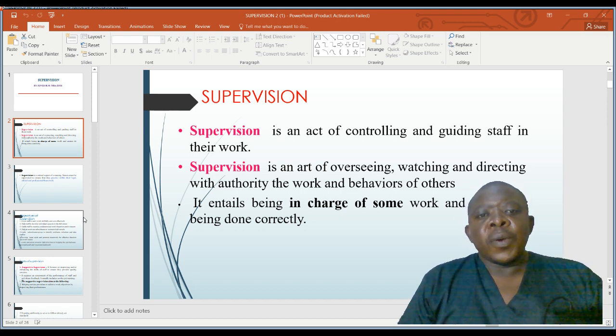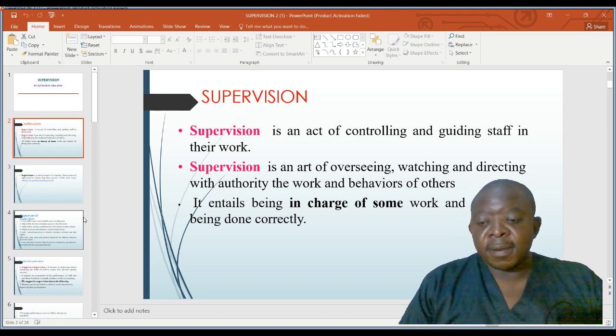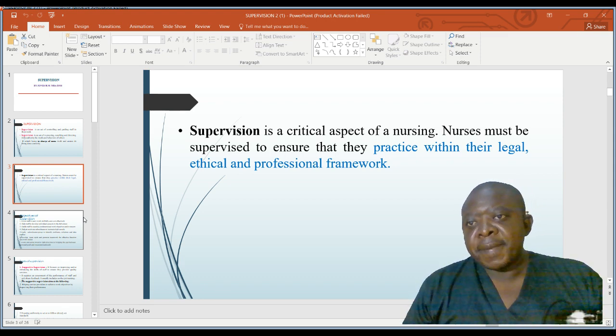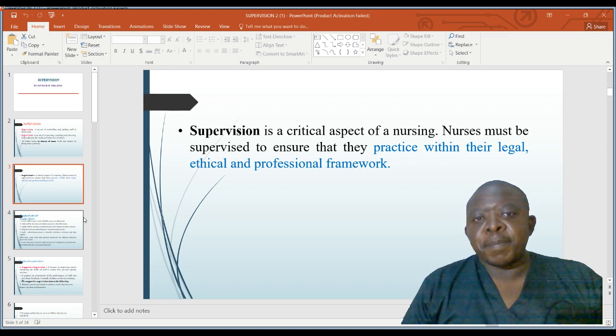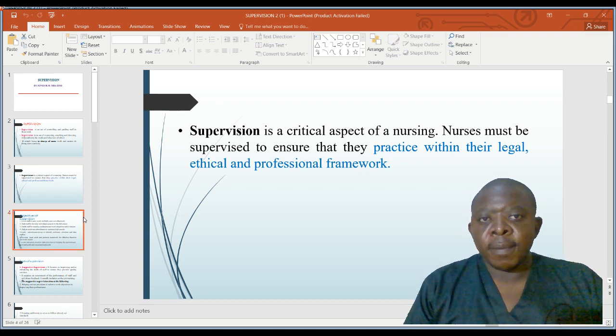All in all, what this entails is that leader supervision is being in charge of some work and ensuring that it is being done correctly. Supervision is a critical aspect of nursing. Nurses must be supervised to ensure that they practice within their legal, ethical, and professional framework.